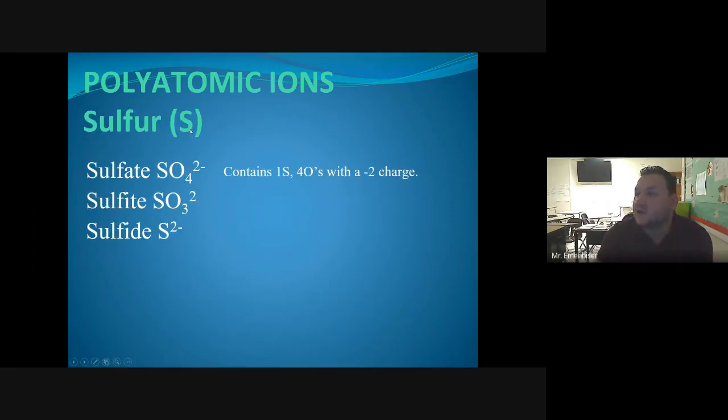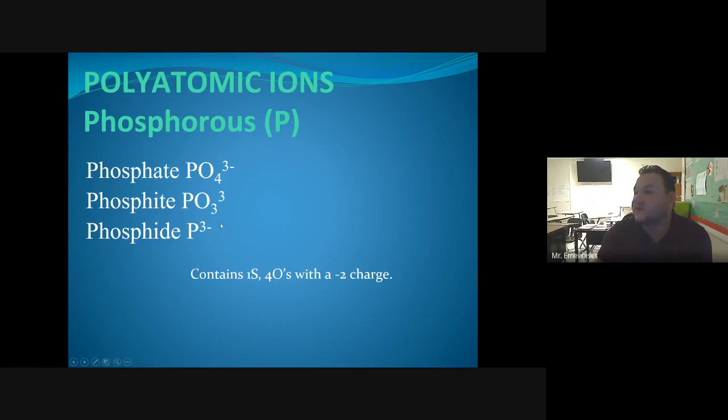Here are sulfur polyatomic ions. There's sulfate, sulfite, and sulfide. Again, remember that IDE means monoatomic element. That means it's an ion with one element, monoatomic, one atom. And I know when I use those words, it gets confusing, but one element for ide, okay? Phosphorus, phosphate, phosphide, that's a -3 there.